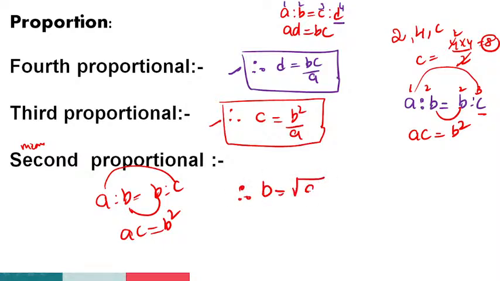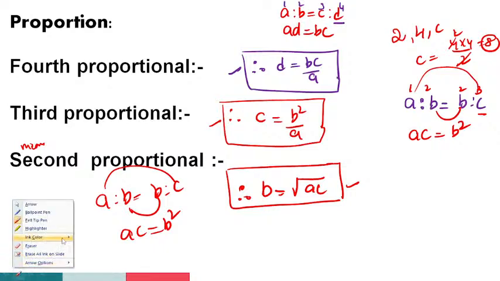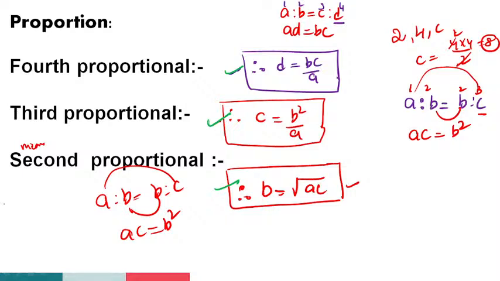B is equal to root of AC. That is the second proportion formula or mean proportion formula. Just remember these three formulas: fourth proportion formula, third proportion formula, and second proportion or mean proportion formula. Clear to all of you? Any doubts regarding this proportion concept?